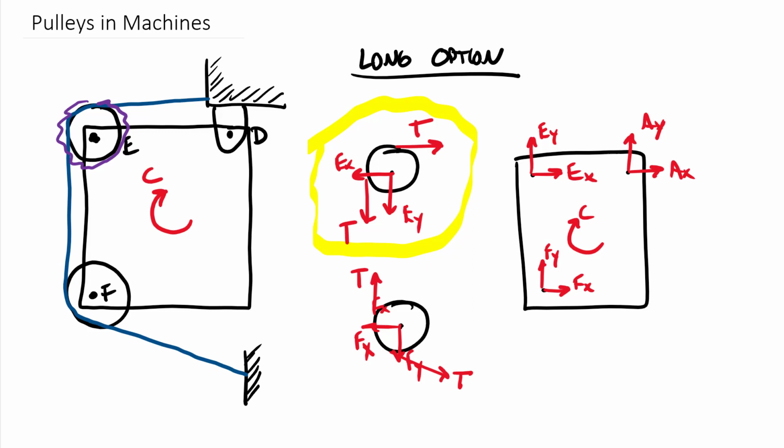Okay, so another way that we can say this in words is that we can say that pulleys transfer cable tension directly to the pin.